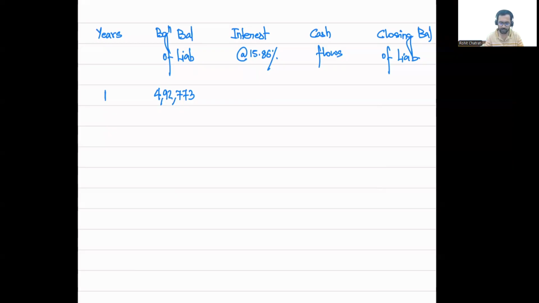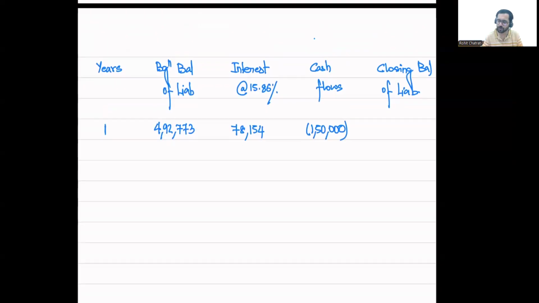You then have interest, which is recognized at 15.86 percentage. It's 492,773 multiplied by 15.86 percentage. Interest is going to be 78,154. At the end of year one, we are going to make a payment of dividend of 1,50,000. Remember, it is 15 lakhs multiplied by 10 percentage.